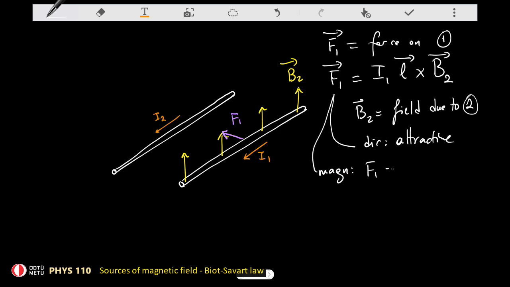So F1 is therefore I1 L B2. Again, sine of 90 degrees is equal to 1. And B2 in here is equal to mu 0 I2 divided by 2 pi r. You can check that these two forces are equal and the directions are opposite.